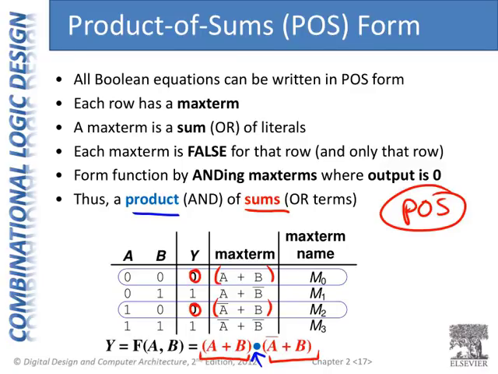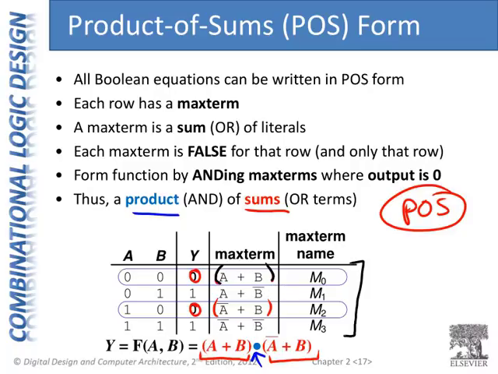And you'll notice as well that we can also name these max terms 0, 1, 2, and 3. And again, those subscript numbers are just the binary value of the input combination: max term 0, max term 1, max term 2, max term 3. So that name is just referring to the associated max term. So here's max term 0 means A or B, max term 1 means A or B bar, and so forth.